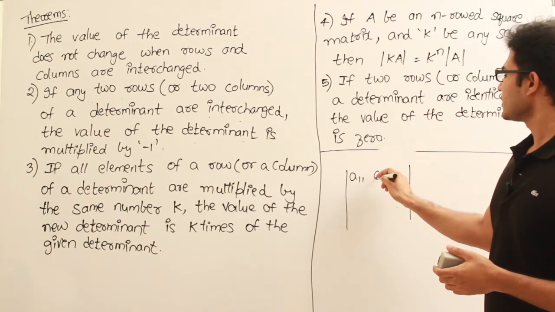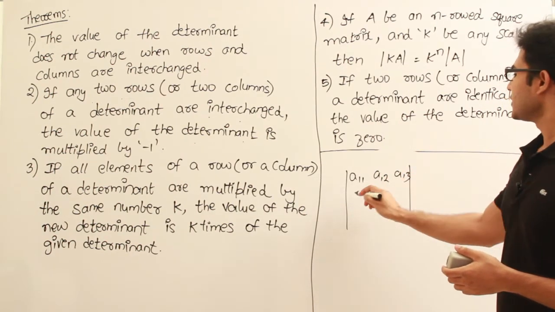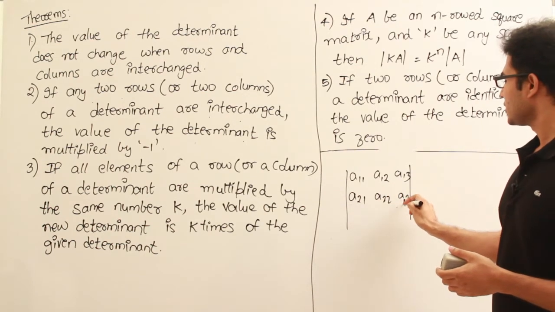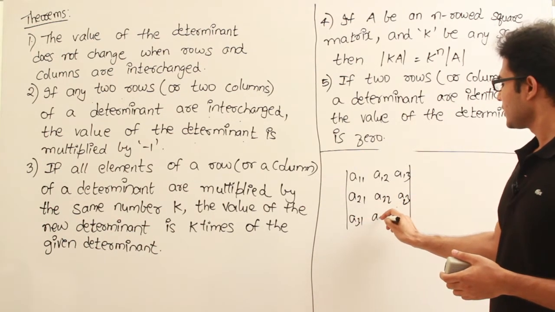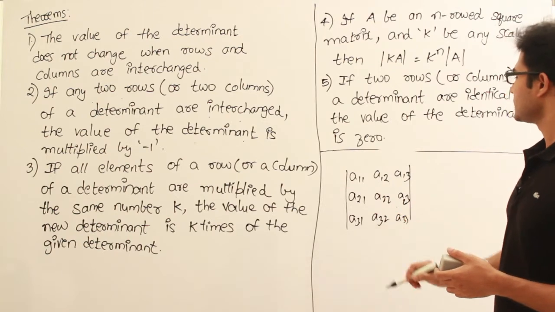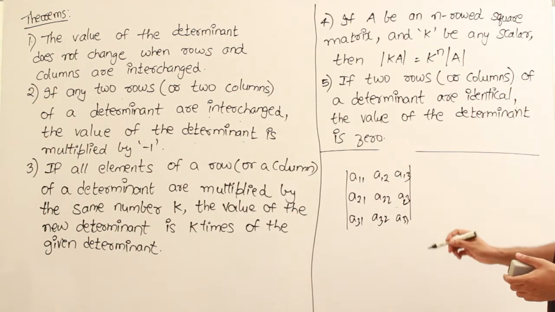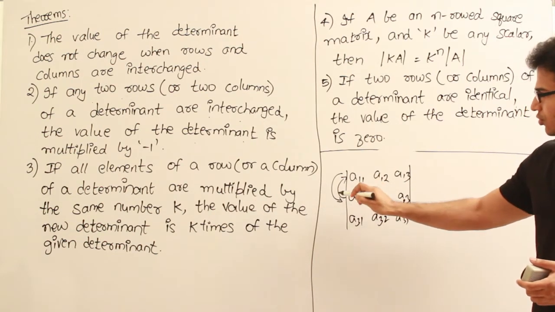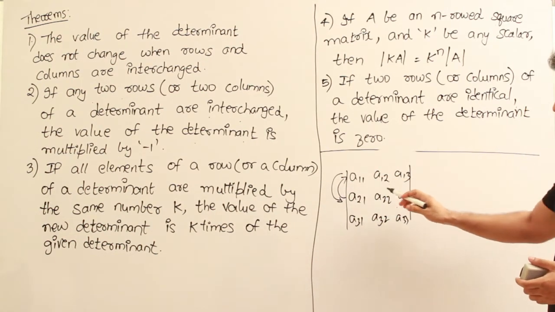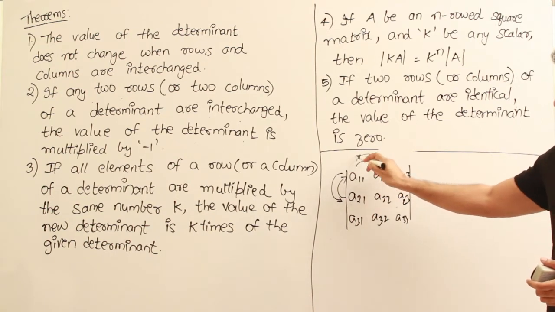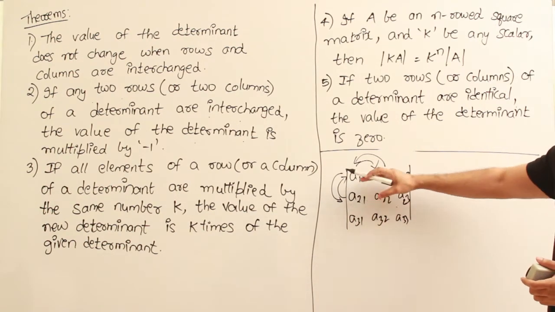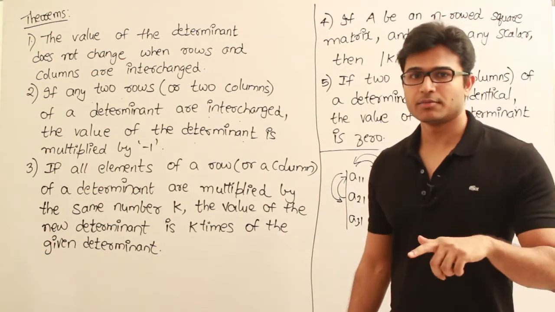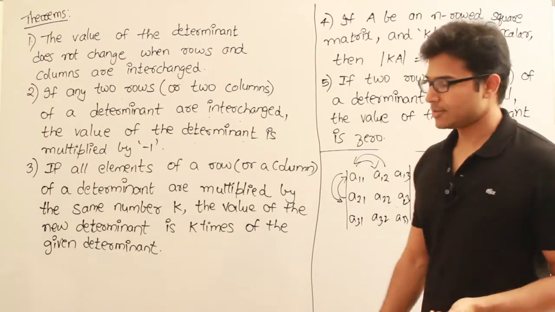If you have A11, A12, A13, A21, A22, A23, A31, A32, A33, this is a matrix. The second theorem is saying that if you exchange two rows, or exchange two columns, both are going to give you the same value of the determinant, but the sign is going to change, right?